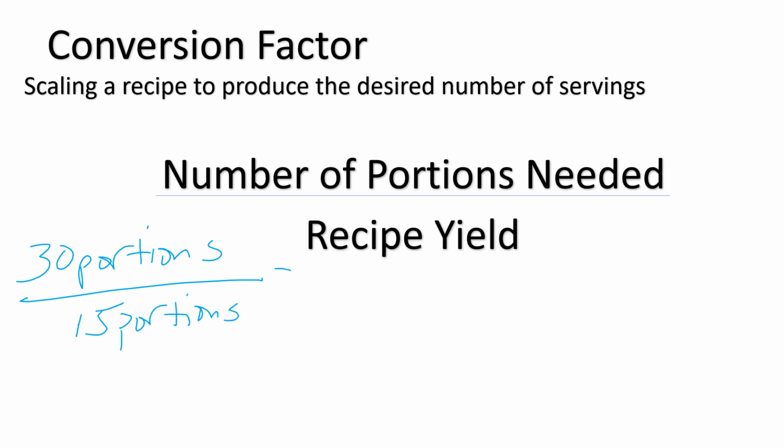Okay, that's 30 divided by 15. Our conversion factor is 2. So essentially we're going to double the recipe. But oftentimes it's not as simple and not as even as that. So let's try another example.